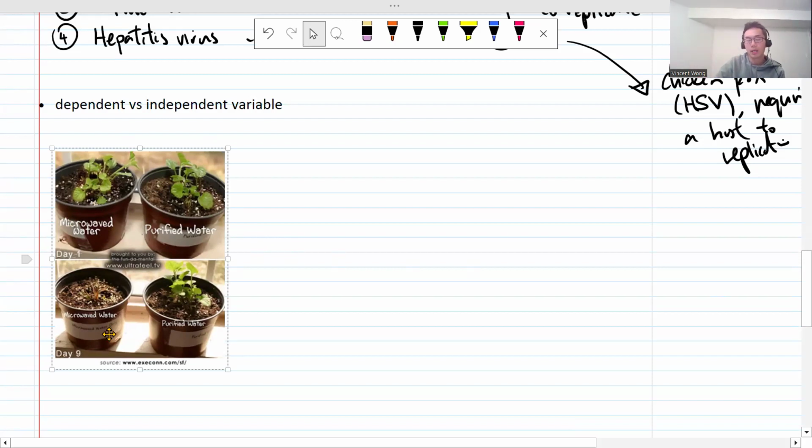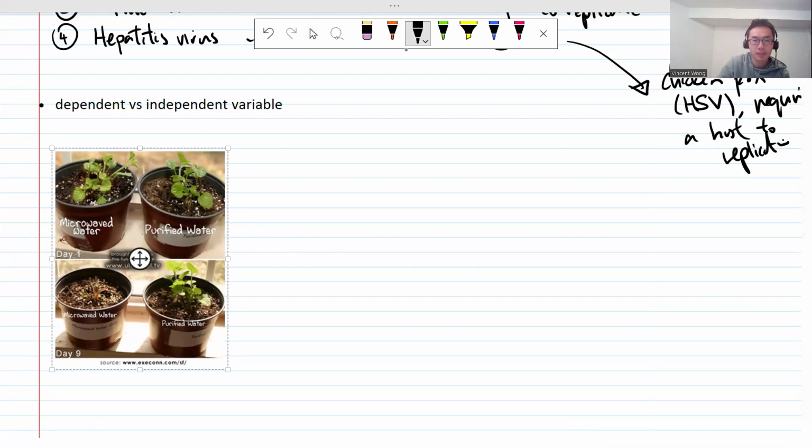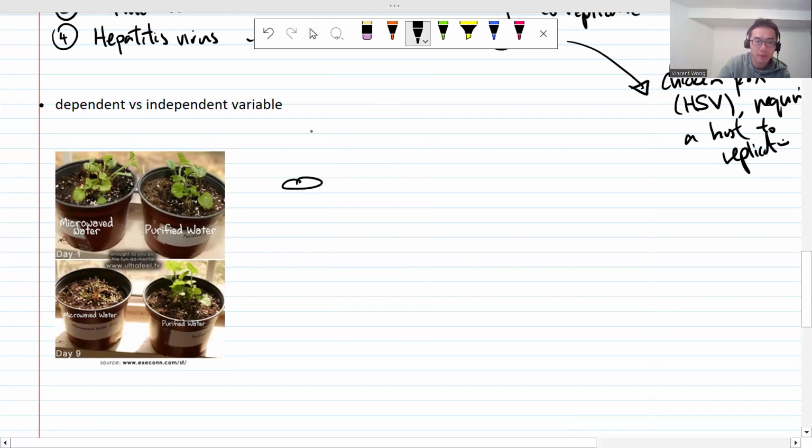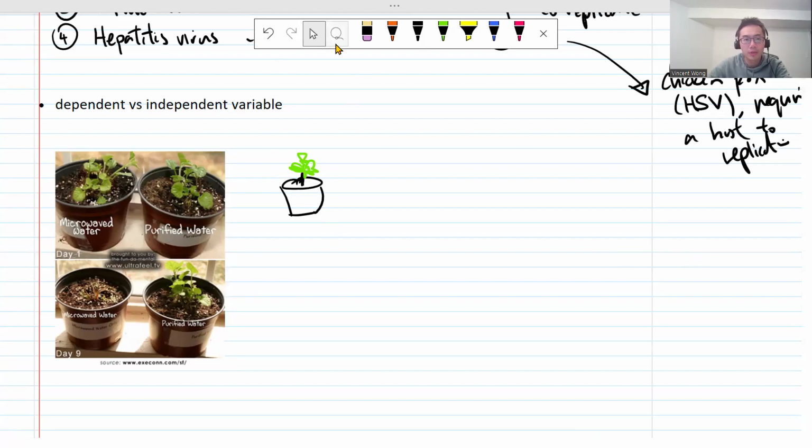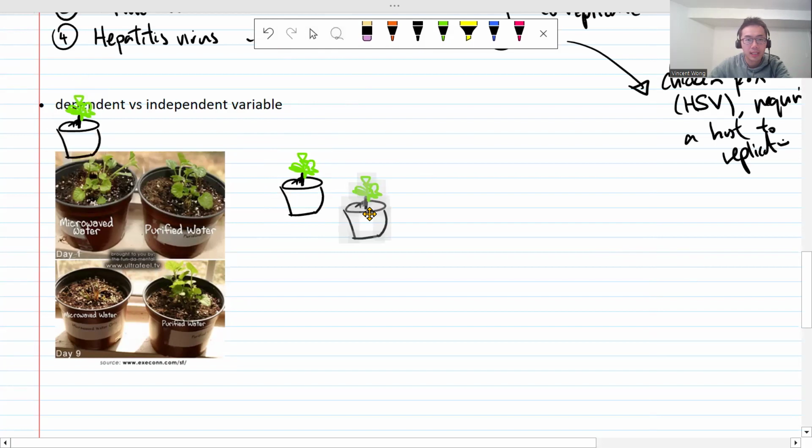So how can we go ahead and test this? Well, what we can do is we can actually have a bunch of plants here. We're gonna have the little plant here, with the leaves and whatnot. For it to be a good experiment, you don't want to have just a single plant in your experiment. You want to have a bunch of them.